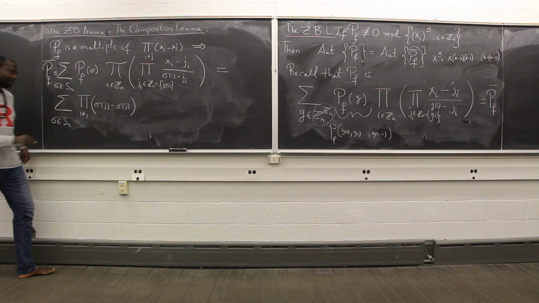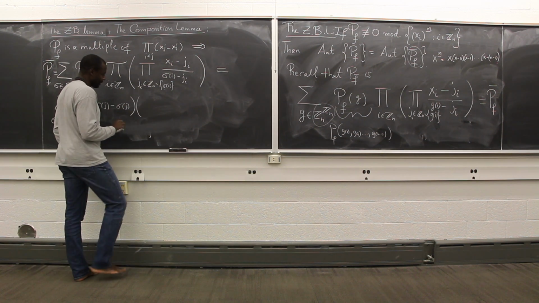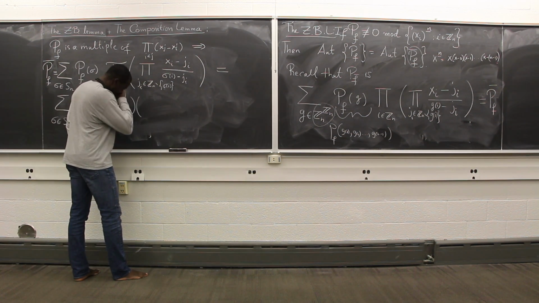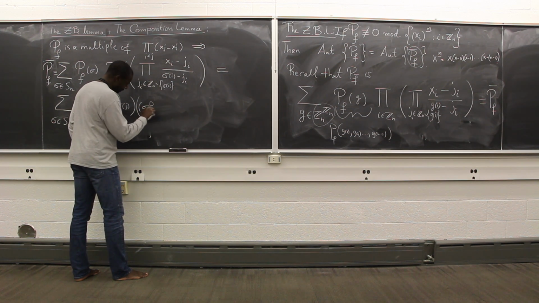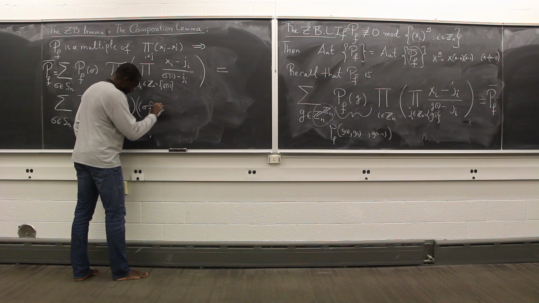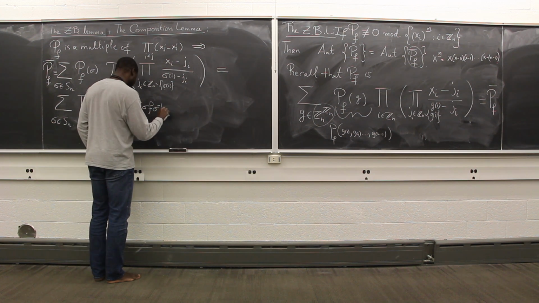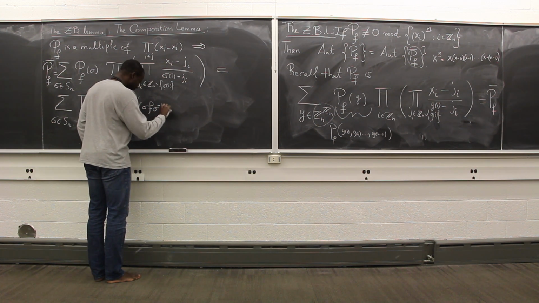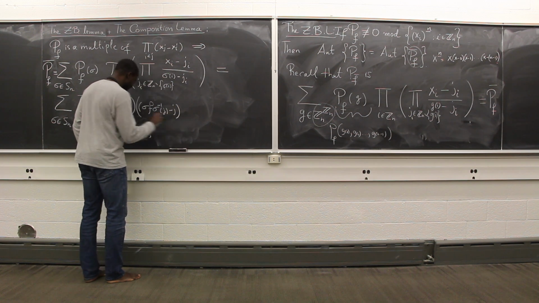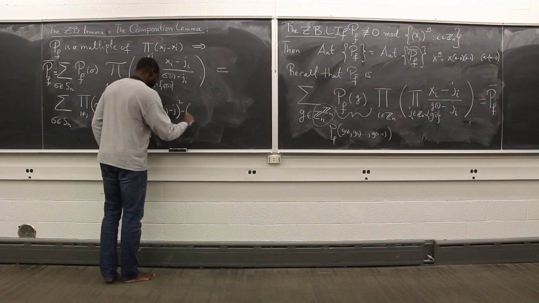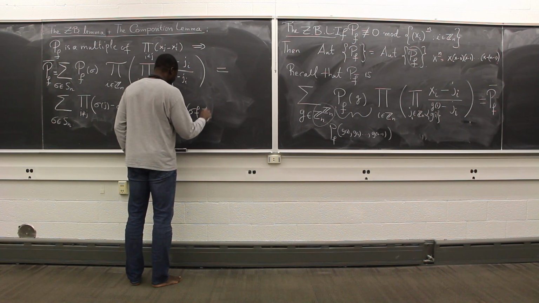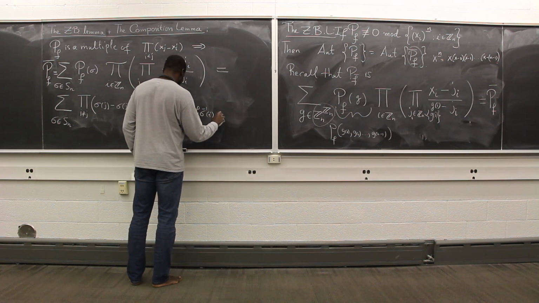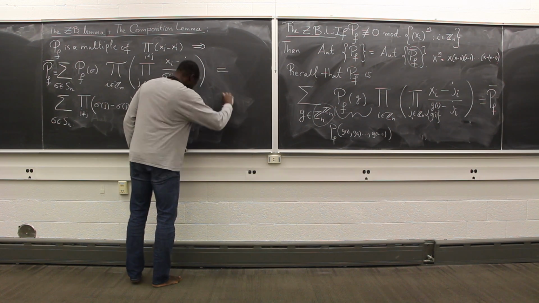That's the evaluation part. Here's the edge part that I'm going to write as parentheses sigma F sigma inverse of j minus j, this thing squared, minus sigma F sigma inverse of i minus i squared.